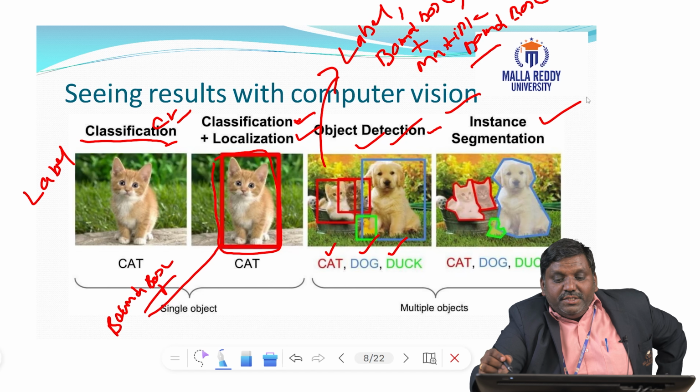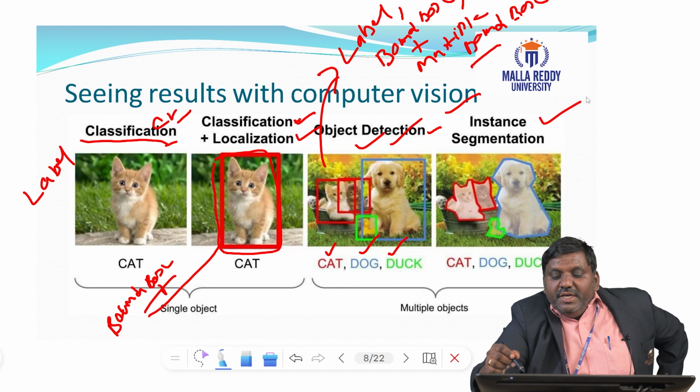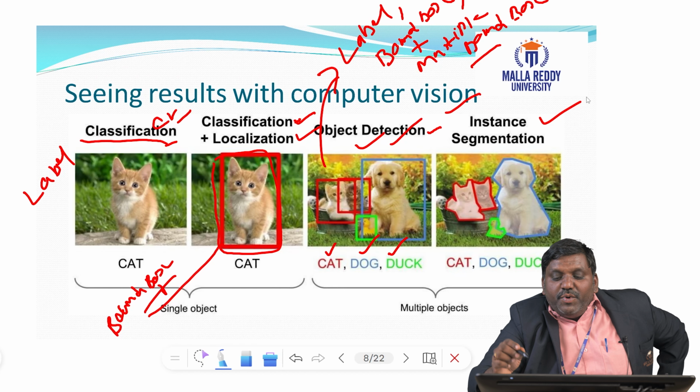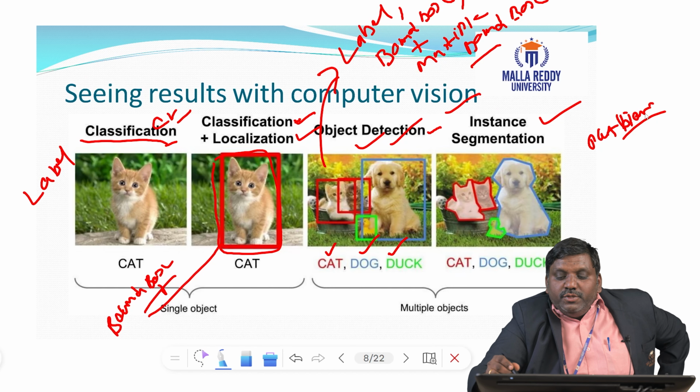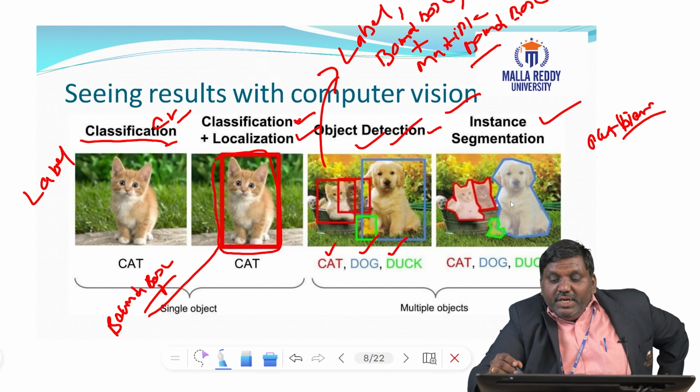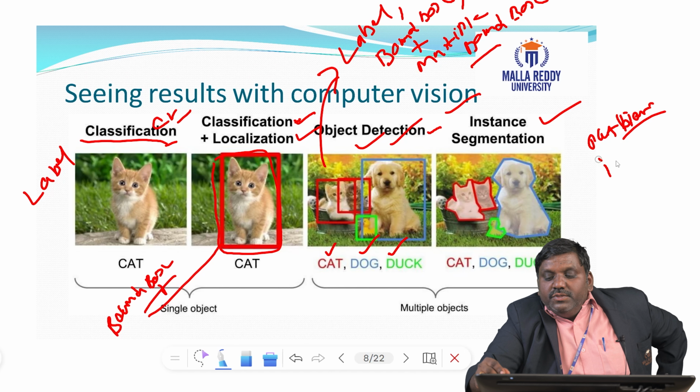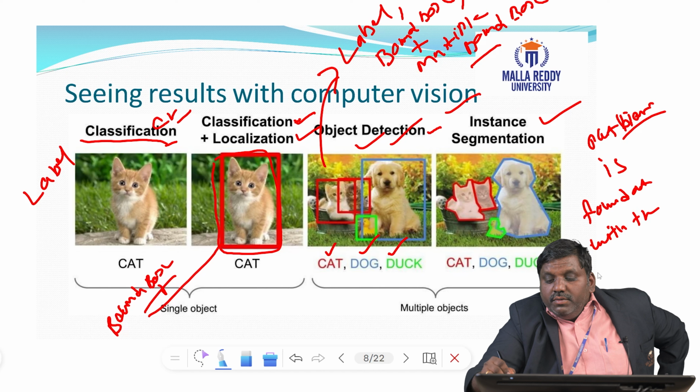Then instance segmentation. In instance segmentation, if you take a particular image, it will check the outlines of the objects. The outlines of the image are found with the help of this instance segmentation.